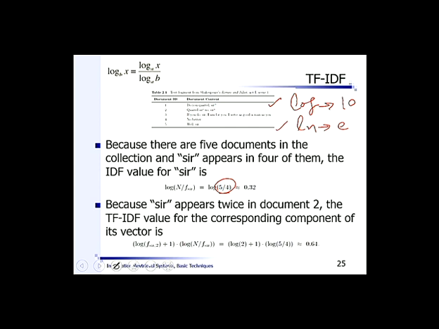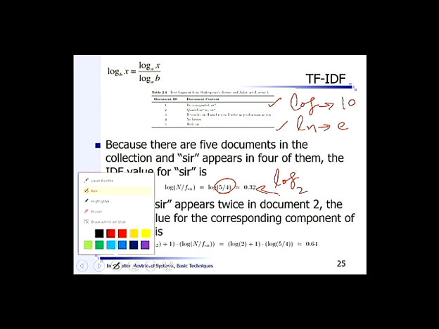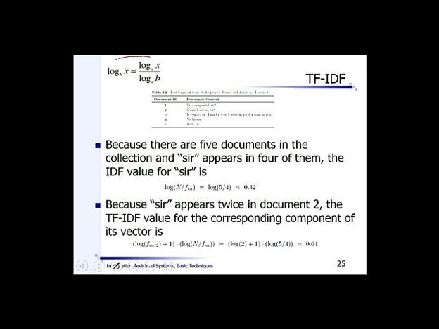If you have log of base 2 on your calculator, then use it to calculate the values, and you will get the same value. If you do not have it, let's say your calculator has only these two logs, in that case you can use the formula I have given on this slide. This is a formula for converting the base of any value.